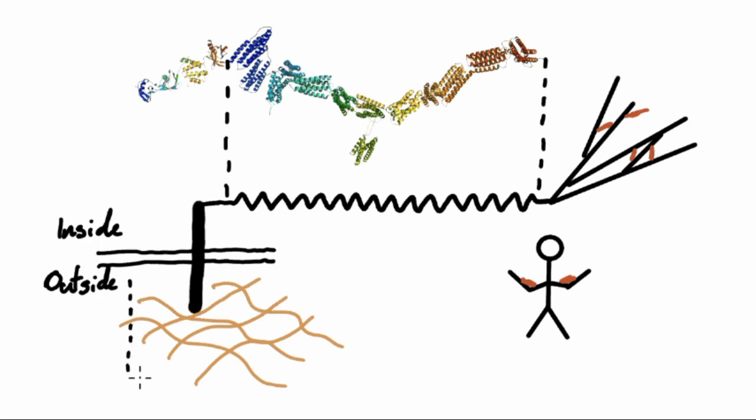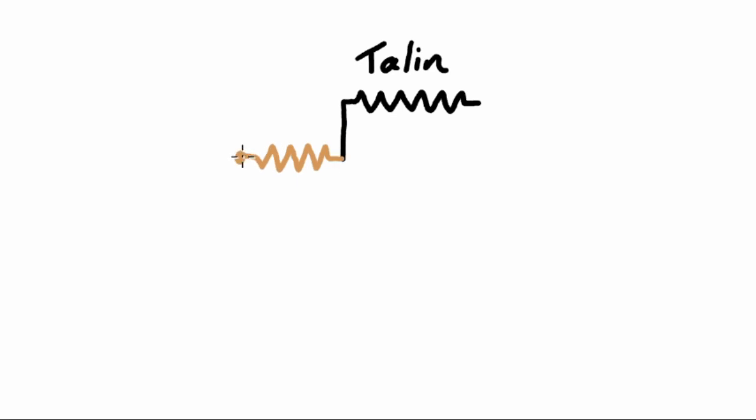It is helpful here to equate the extracellular environment to another spring. This reduces the problem to that of springs in series. The Talin spring is connected via a rigid link to the spring representing the extracellular matrix.